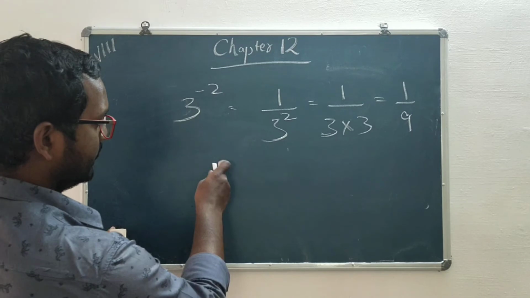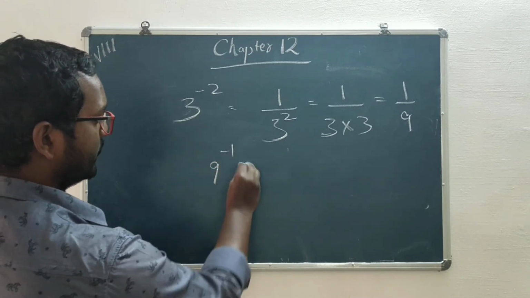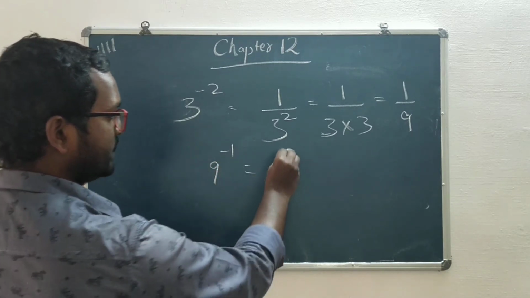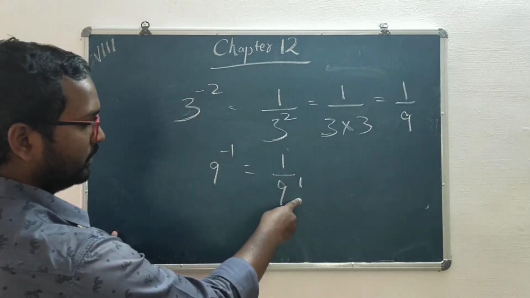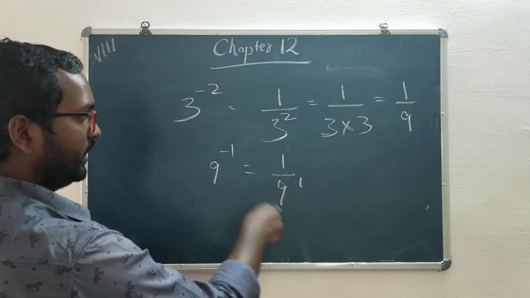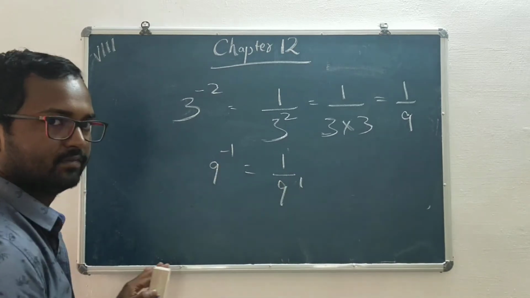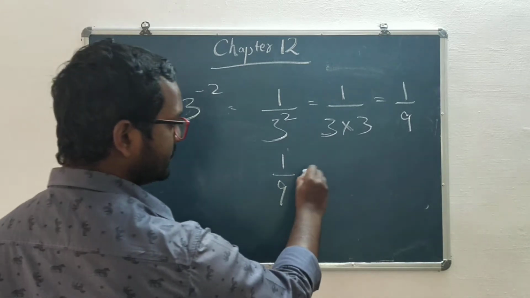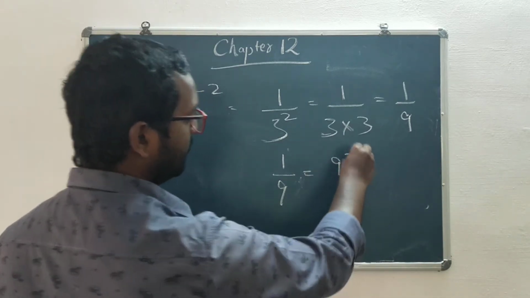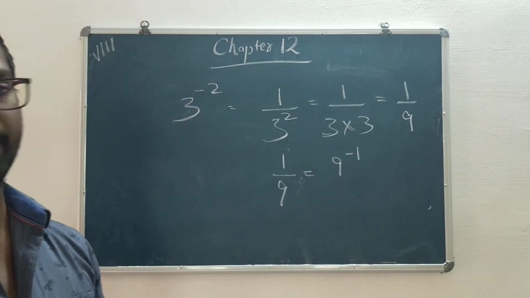If it is 9 power minus 1, the reciprocal of 9 is 1 by 9 power 1. Once you take the reciprocal, the minus will become plus. So 1 by 9 can be written also as 9 power minus 1.